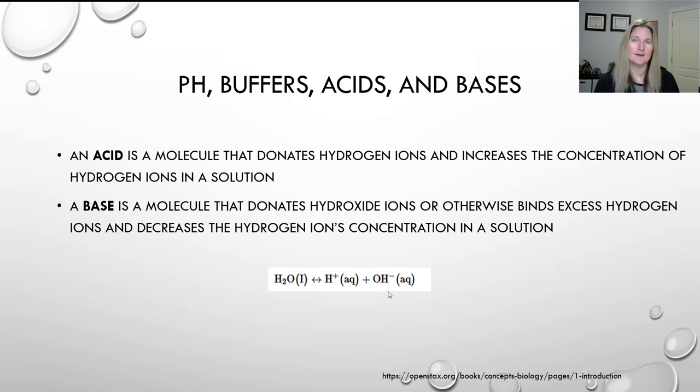So hydroxide ions, if they are released into the solution, we end up having the excess hydrogen ions that are in the solution attracted to them. And if they're attracted to them, then the excess hydrogen ions, they'll bond with the hydroxyl ions to form water. So bases, they're essentially removing hydrogen ions from the solution. And that makes it more of a basic solution.